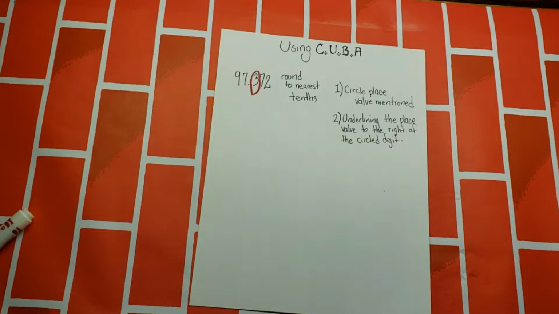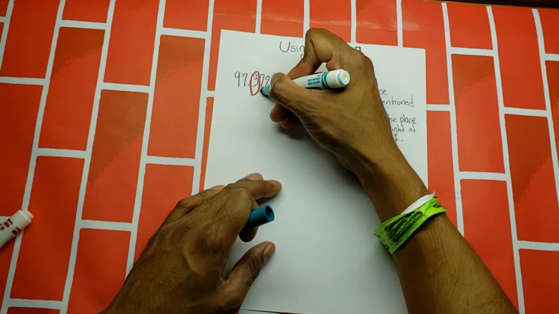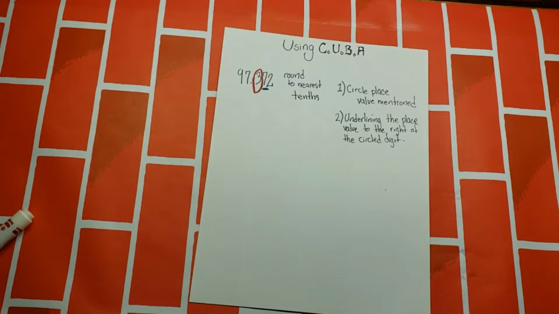I'm going to do that in a separate color so we can see it as well. And the place value to the right of my circle number is the hundredths, which is the 7.